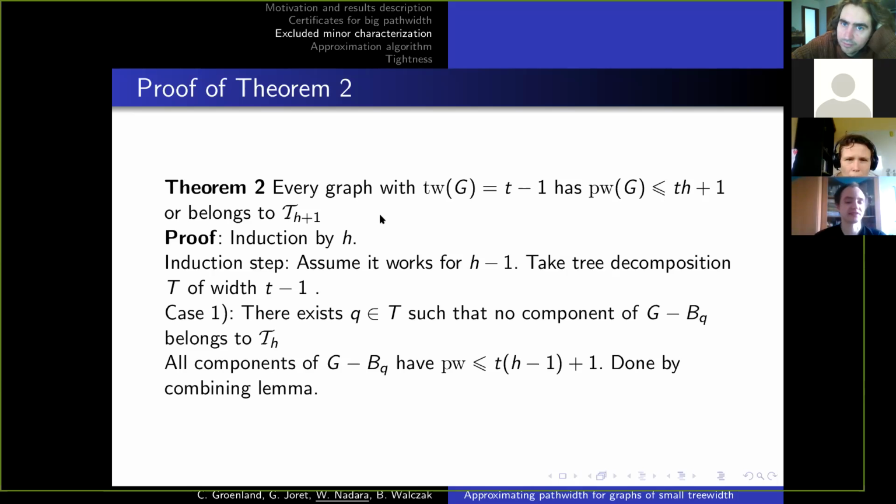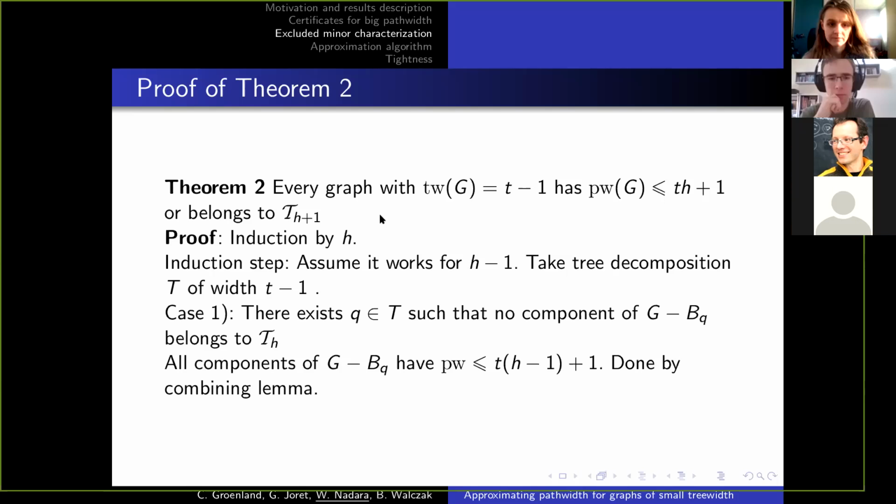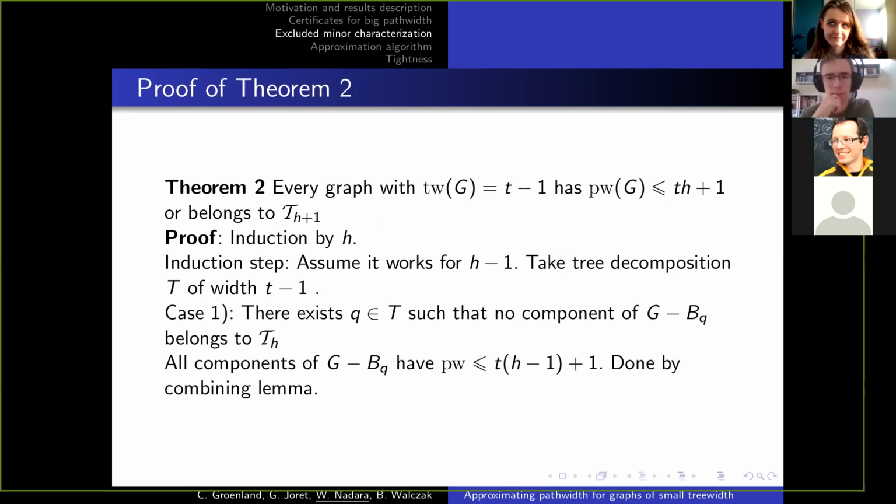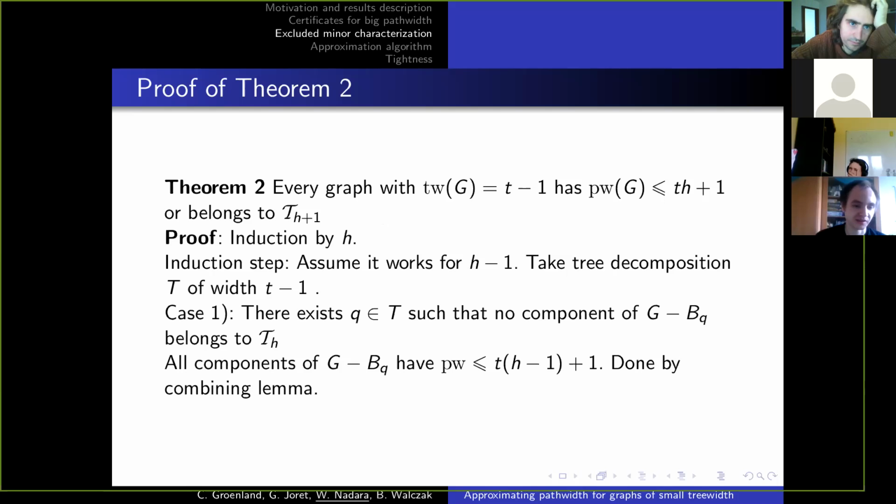Let's consider a first case where there exists a vertex in this tree decomposition such that if we remove vertices from this bag from our graph, then no component of what remained belongs to TH.